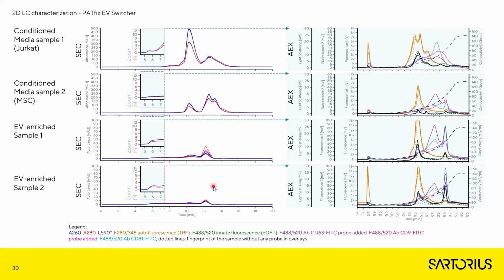And the further assessment of the particles can tell us that they have different populations of particles and that some similar marker positive populations are present, whilst the marker profile of particular subtypes of particles is different in each sample.